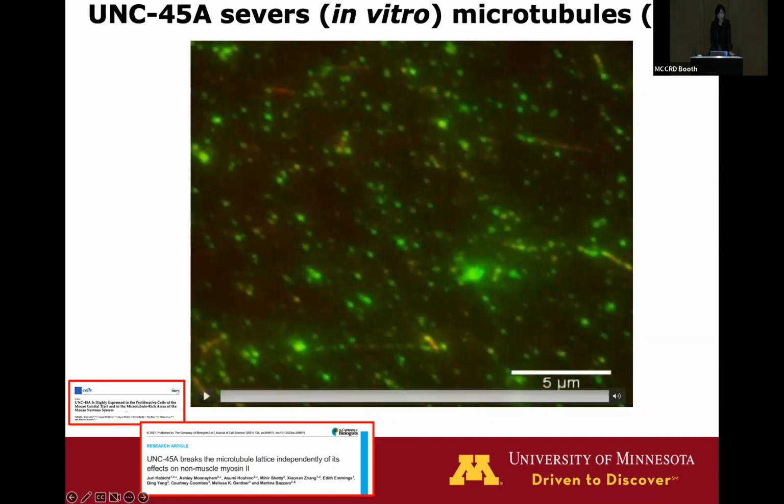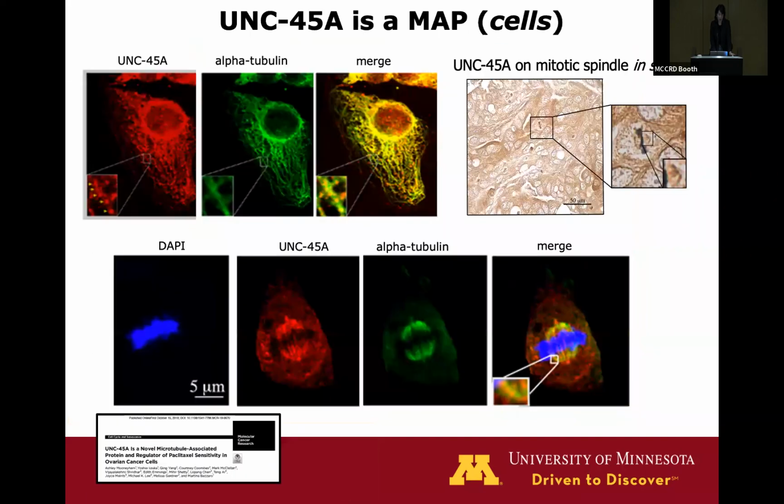Now the question is what happens in vivo? First of all, ANC45 is a microtubule-associated protein in vitro, but is it a microtubule-associated protein in cells, right? So we looked at both interphase and mitotic cells, and this is endogenous levels that we're looking at.